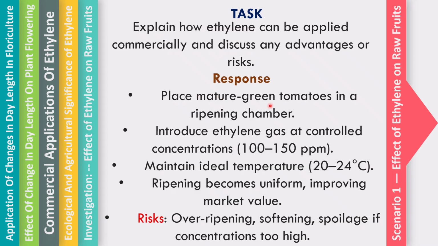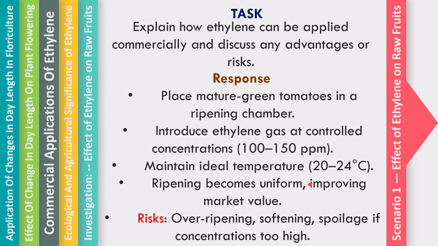Place mature green tomatoes in a ripening chamber. Introduce ethylene gas at controlled concentrations, 100 to 150 parts per million.